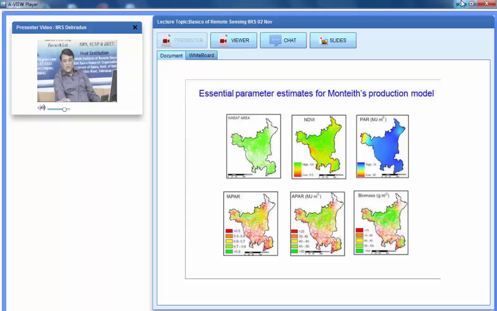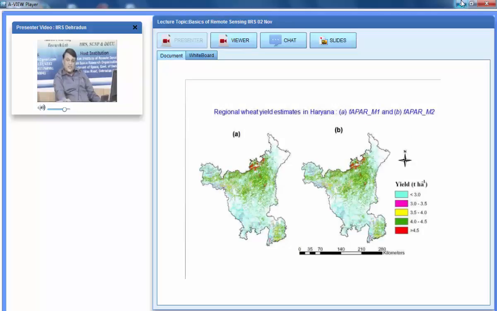FPAR and PAR multiplied give you APAR, and APAR is converted into biomass based on the light use efficiency. So you can finally get the yield estimate, with one method being linear scaling and another an empirical equation developed between the FPAR measurement and the NDVI from MODIS.